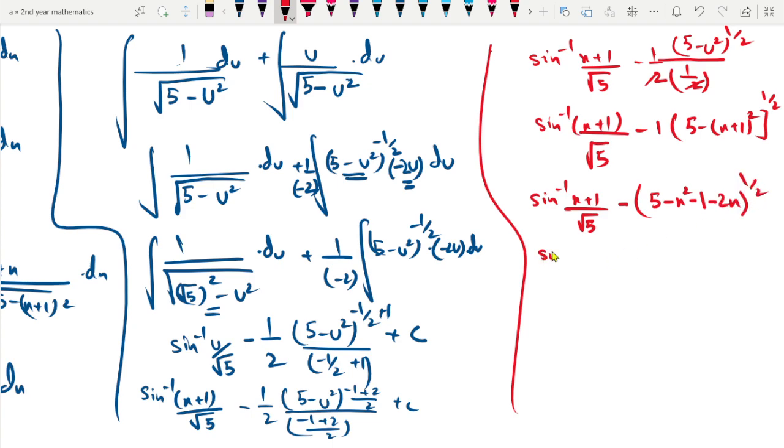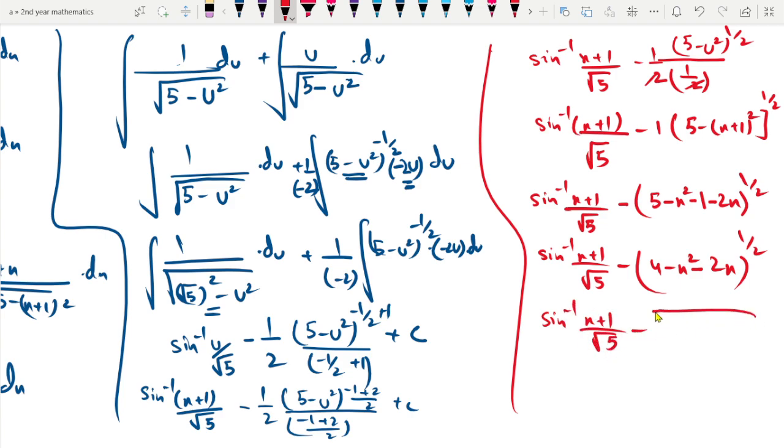So this is equal to sine inverse of (x plus 1) divided by under root 5 minus under root of (minus x square minus 2x plus 4). So this is our final answer.